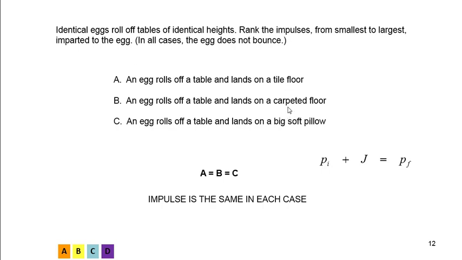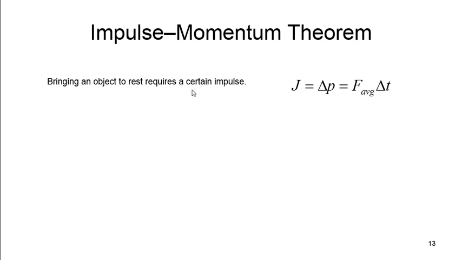And in that case, we would consider that the impulse is equal to the average force times delta t. Delta t for this one is huge compared to delta t for this one. That means the force in this case is smaller compared to the force in this case. Okay, so let's look at that. Bringing an object to rest requires a certain impulse.